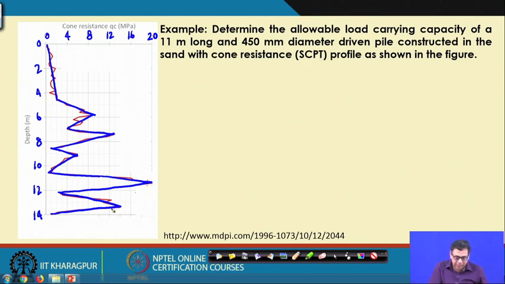So, this is the variation of the QC. This is your QC along the depth. Depth is in meters, and remember that QC is in MPa.